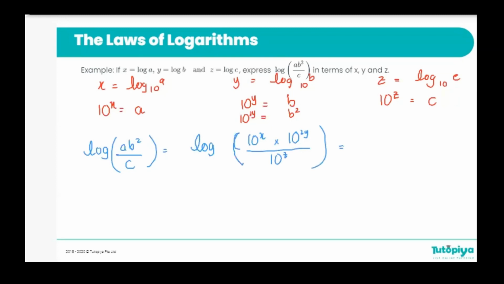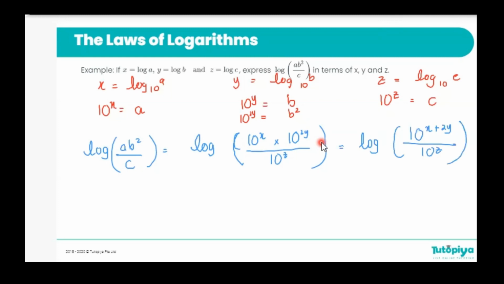Now, because we know our power laws, we know that when we multiply different values with the same base but different powers, we can just add these powers together. So 10 to the power x times 10 to the power 2y will give me 10 to the power x plus 2y, over 10 to the power z.